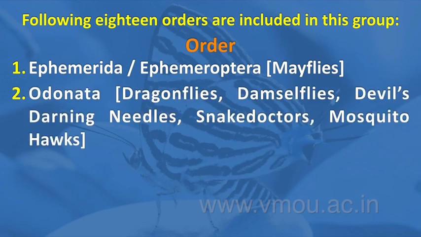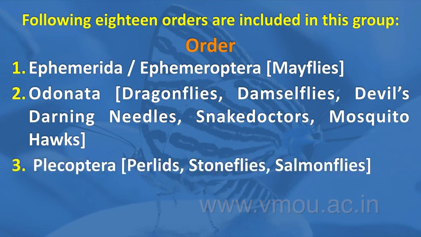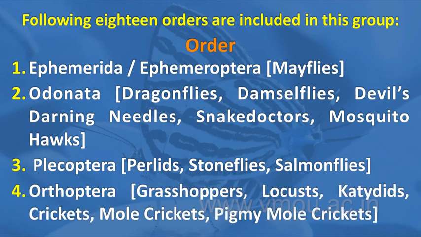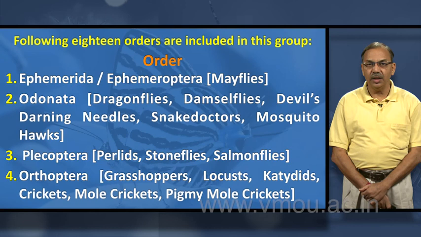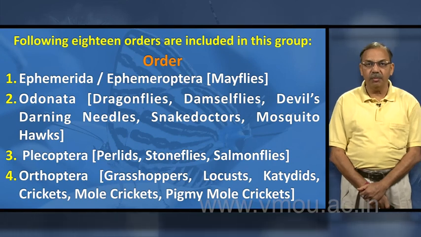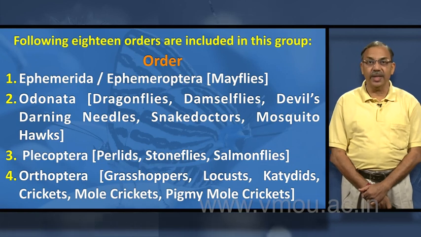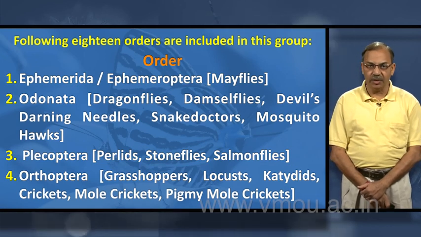Odonata, commonly called dragonfly, damselfly, devil's darning needle, snake doctors and mosquito hawks, because they feed upon mosquitoes very frequently. Next is Plecoptera, that is stoneflies and salmon flies. Plecopteran larvae are also known as naiads and they inhabit the aquatic medium. Ephemeroptera, Odonata, Plecoptera, all 3 groups' larvae are called naiads and they are aquatic.